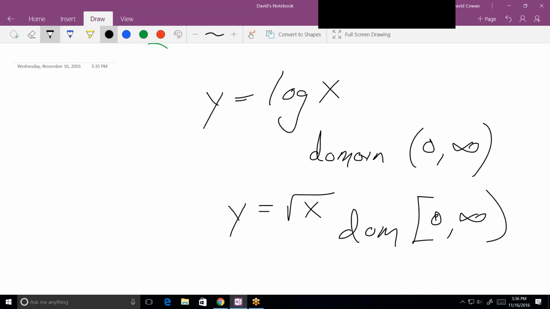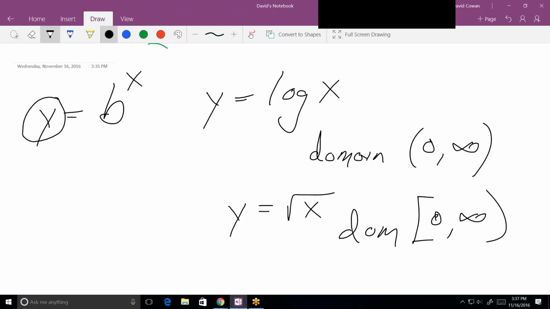Okay. Why is that? Because, remember, we always start with y equals b to the x when we're talking about logs. And for me to take the log of 0 would mean I would somehow have to be able to make y equals 0. Well, you can't do it. No matter what value you make x, there's no way y is ever 0 or negative.